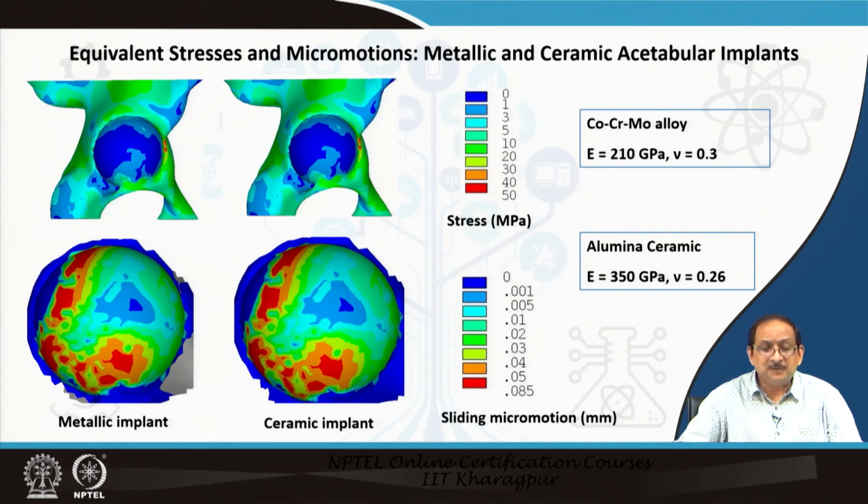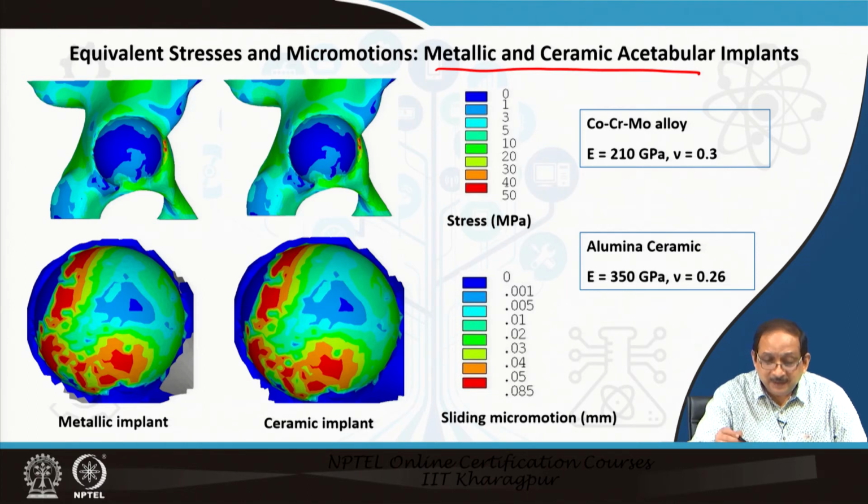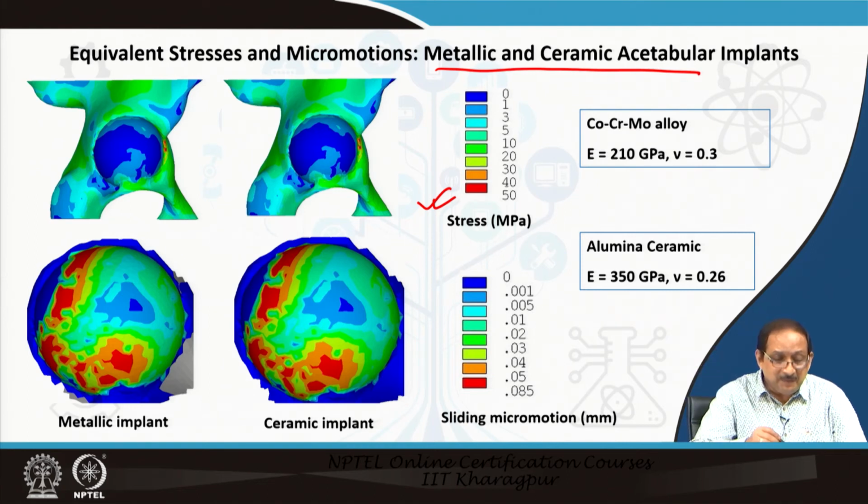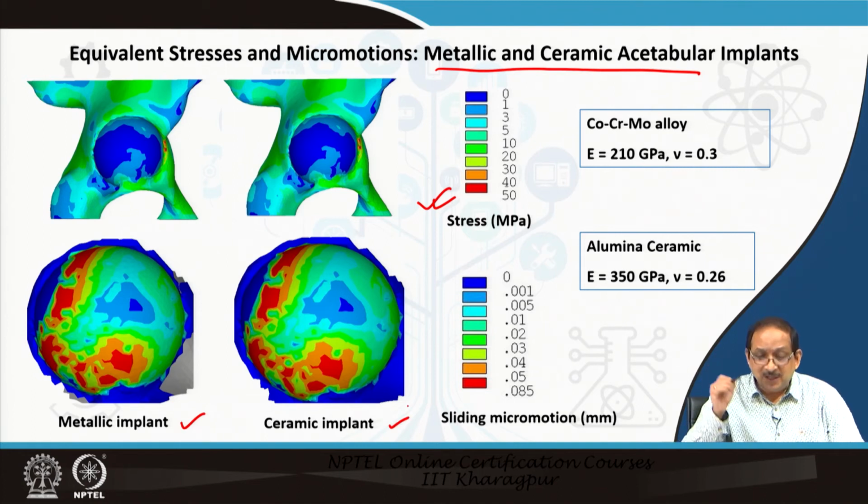Let us discuss about the equivalent stresses and micromotion in case of metallic and ceramic acetabular implants. So, the figure presented here presents the stresses in the underlying cancellous bone for the metallic and ceramic implants, as well as the micromotions in cases of the metallic and ceramic implants.